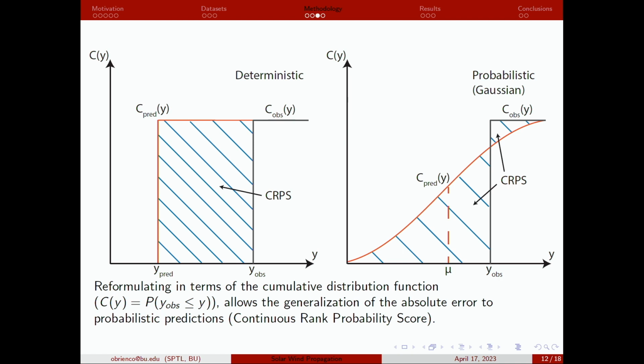By formulating in terms of the cumulative distribution function of each of these parameters, we allow the generalization of the absolute error, the continuous rank probability score, which is simply the integrated distance under the curves of the continuous distribution functions here. So that's the CRPS shown in blue for a deterministic prediction as well as a probabilistic Gaussian prediction on the right.